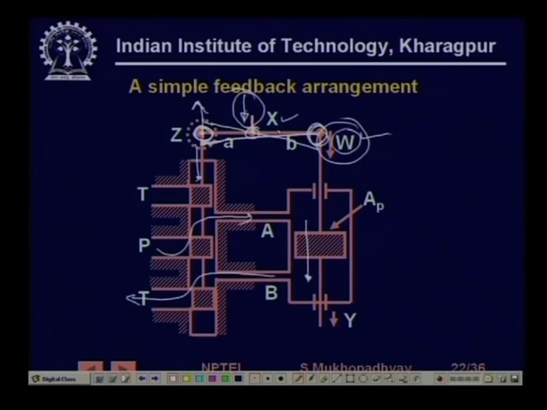For small motions you can imagine that these two motions are created and the net motion is going to be a resultant of that. Now you can understand.